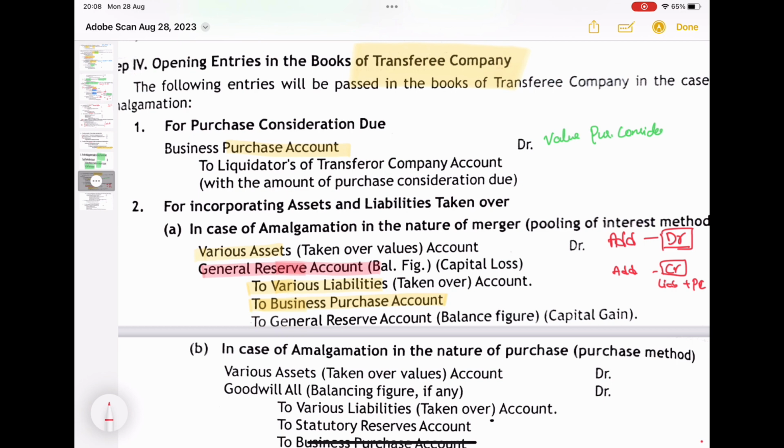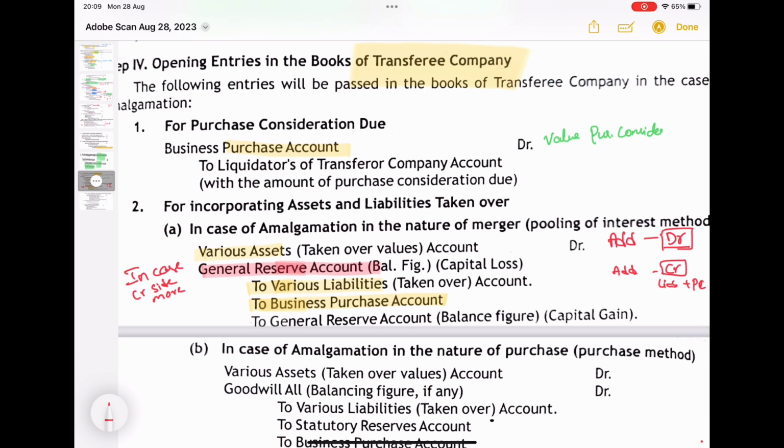In case the credit side is more, I'm going to consider the balancing figure and transfer it to the general reserve account. So general reserve account debit to, how much balancing figure you got, that much I'm going to write it here.